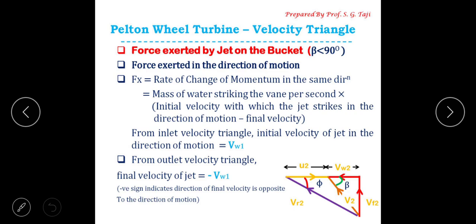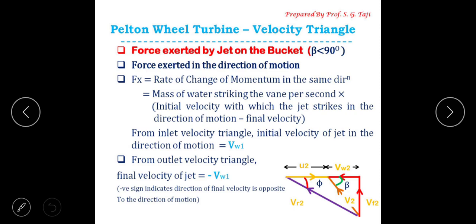Force exerted by the jet on the bucket when beta is less than 90 degrees. Force exerted in the direction of motion. Let Fx, the rate of change of momentum in the same direction, be equal to the mass of water striking the vane per second multiplied by the initial velocity with which the jet strikes in the direction of motion minus the final velocity.